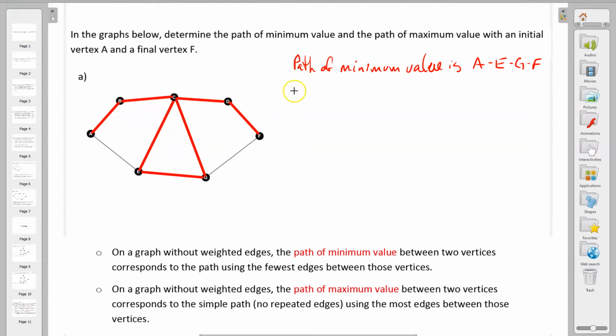So the path of maximum value is A, B, C, E, C, G, D, F.